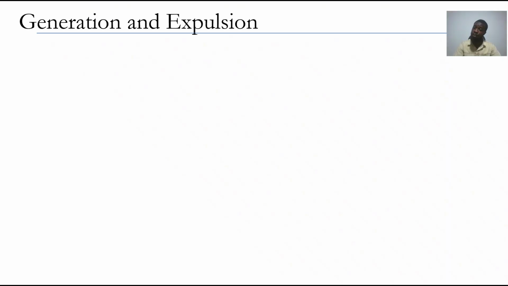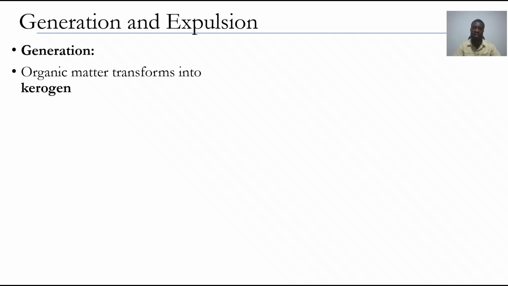But another thing that is important is what we call generation and expulsion. Now, what is generation? Well, when we talk about generation, it is a point where organic matter is being transformed into kerogen. Now, you might ask, what is kerogen? Well, we need this key element, that's organic matter, to form hydrocarbon.